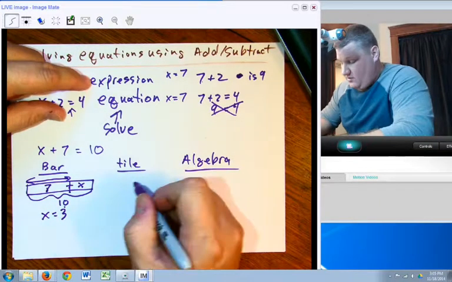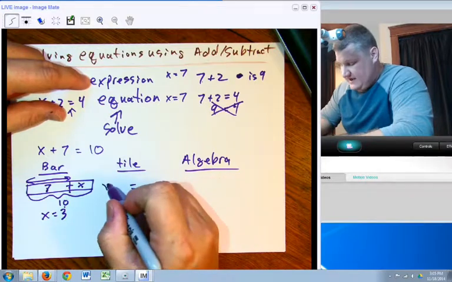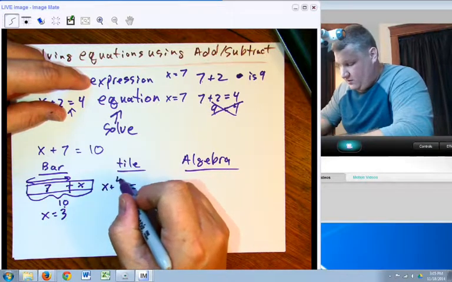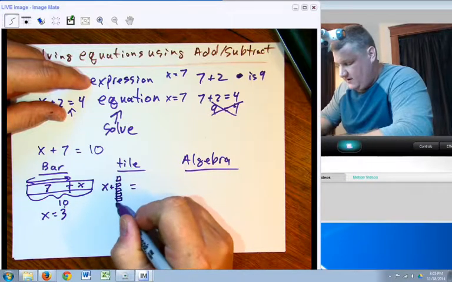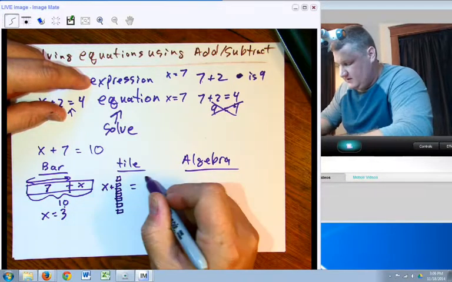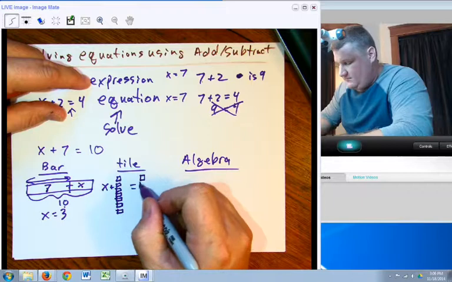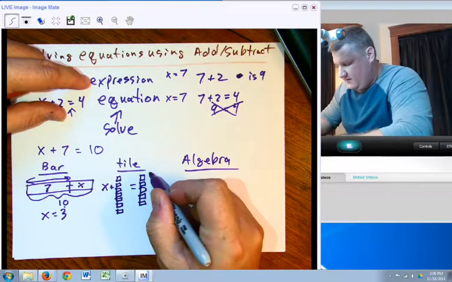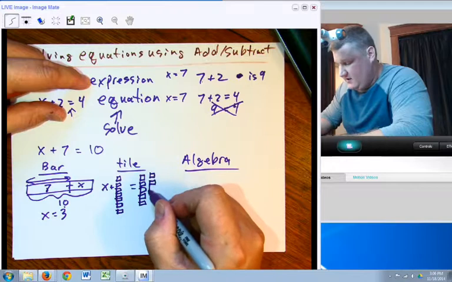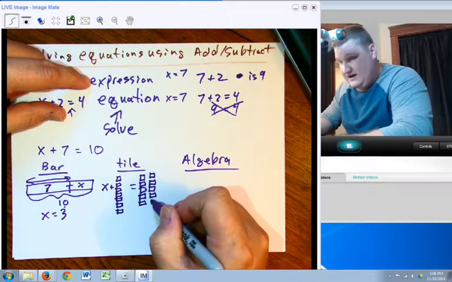Alternatively, what we can say over here is x plus 1, 2, 3, 4, 5, 6, 7 equals 1, 2, 3, 4, 5, 6, 7, 8, 9, 10.